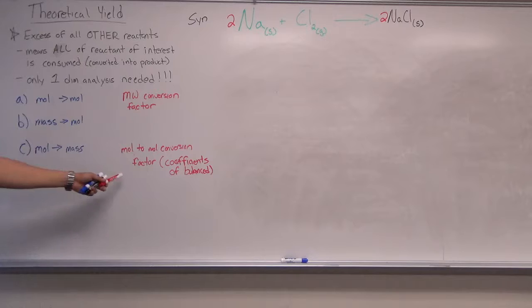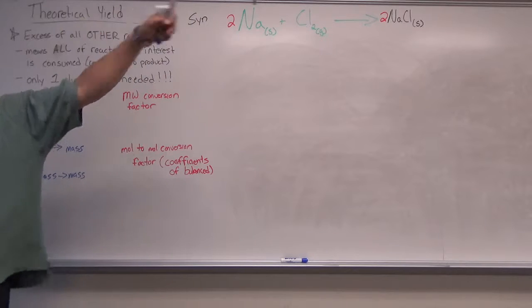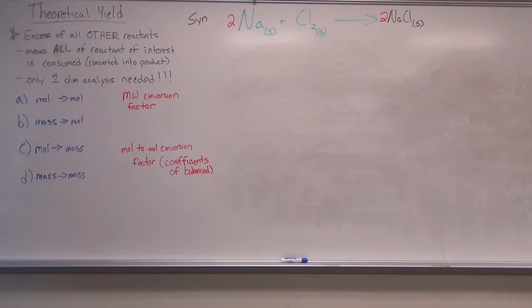So our mole-to-mole conversion factor can be formed now based upon the stoichiometric coefficients of the balanced chemical equation. So let's look at A, B, C, and D as it pertains to conversions.